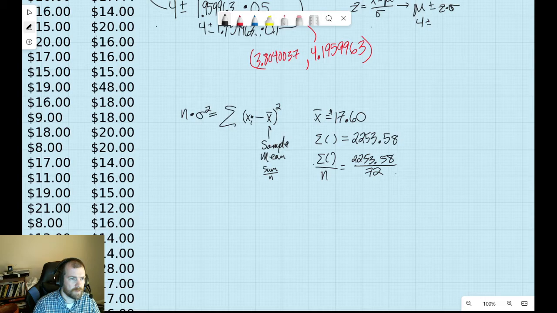So it's G32 divided by 72. That's 31.29, much better. And take the square root of that. H32 is 5.6. Yes. Much better.